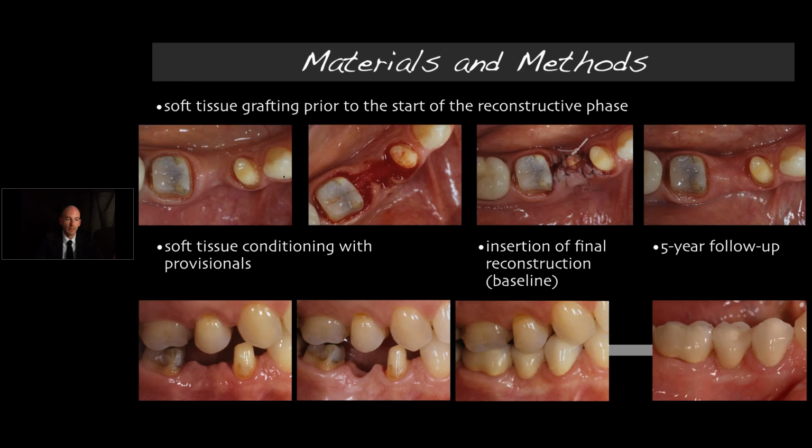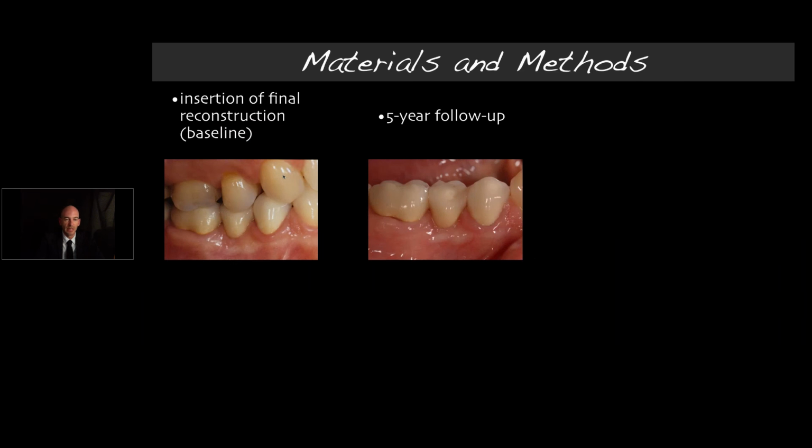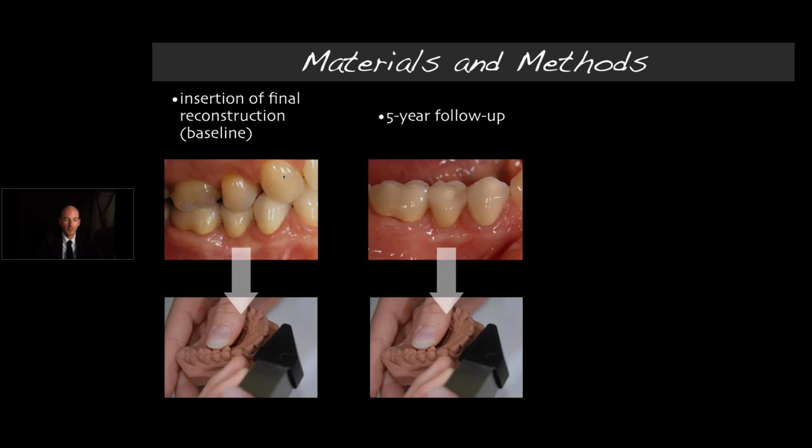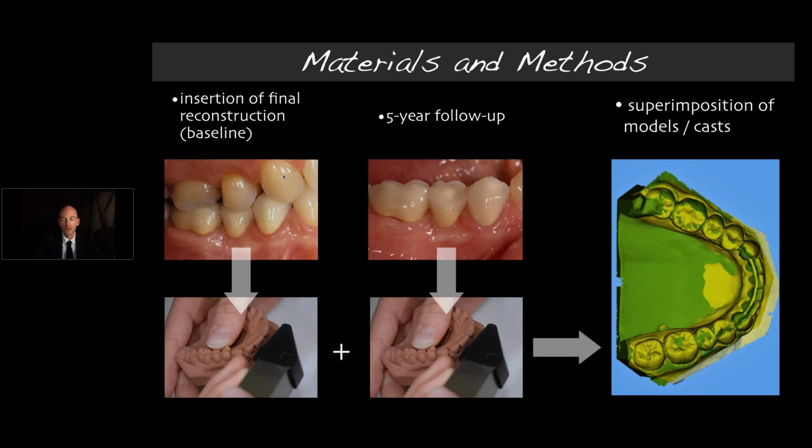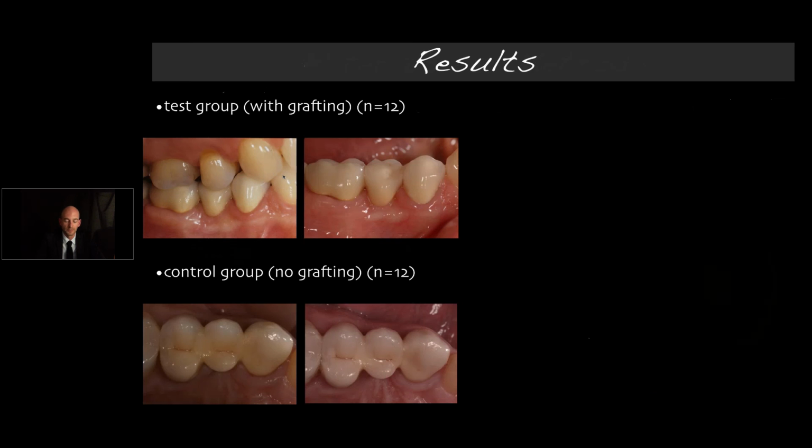So we have 2 time points, the insertion considered as baseline and the 5-year follow-up. At both time points we took impressions, we digitized the impressions, and then you can see on the right-hand side a superimposition of the models or of the casts. And based on these digital files, we're able to do some volume measurements.